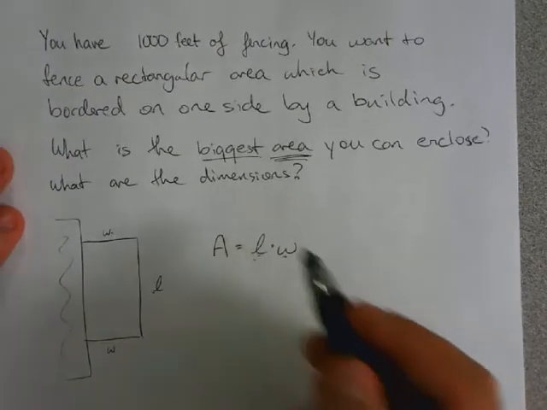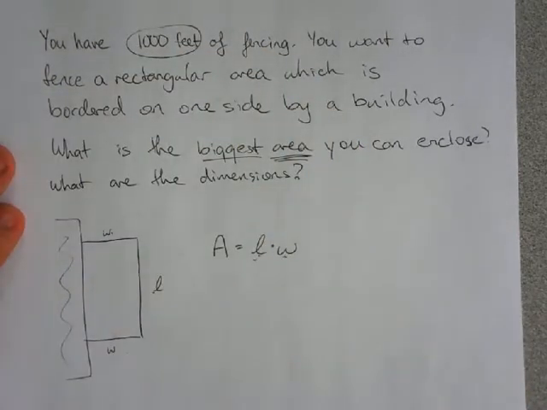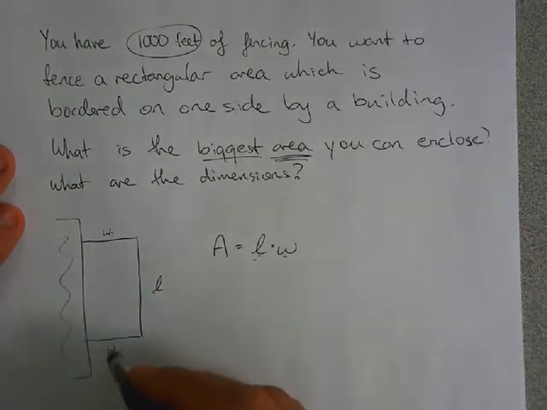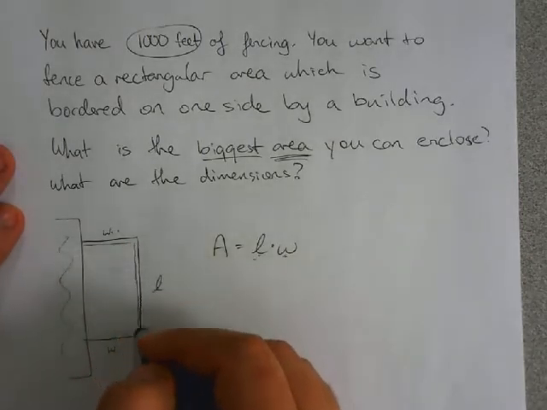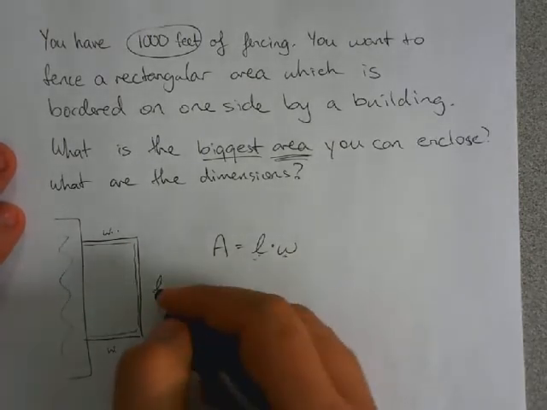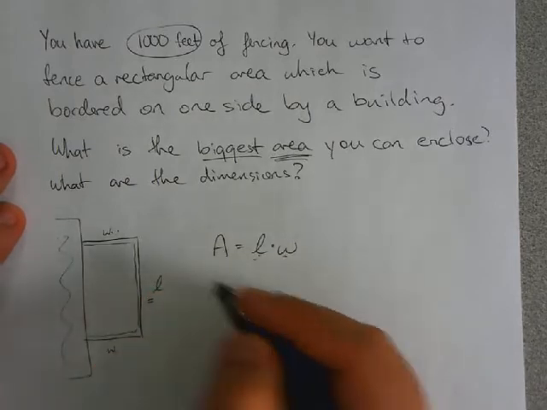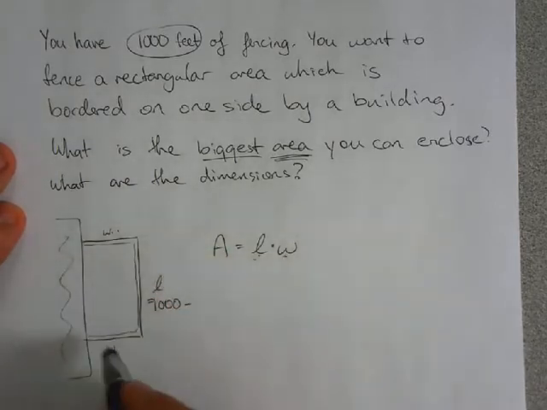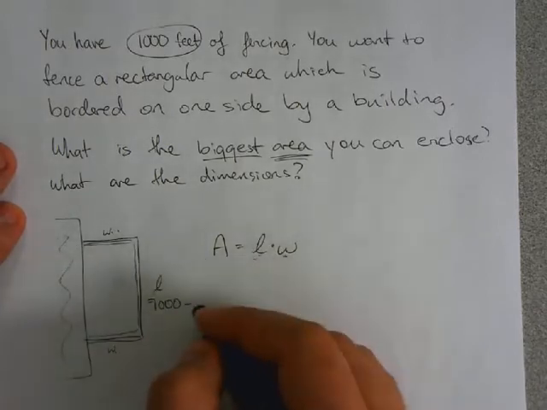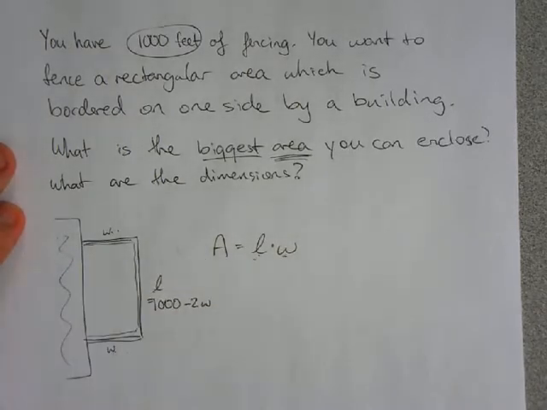Well, we also have this information of 1,000 feet that we haven't used. So if this is W and this is W, and the total is 1,000, then the length has to be the total 1,000 minus 2 W's, because that's what I've used already.